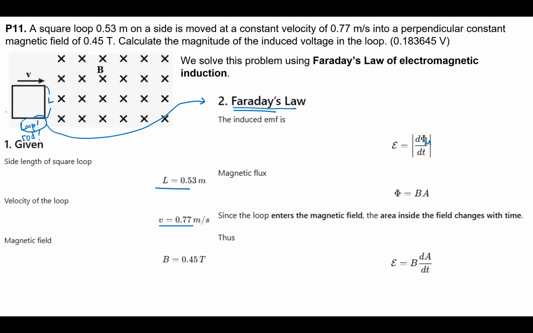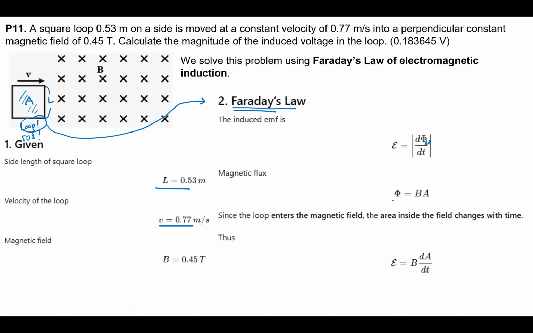For this case, you have an area A and a magnetic field. Note that the magnetic field direction and the surface normal vector are the same, or opposite, but parallel.